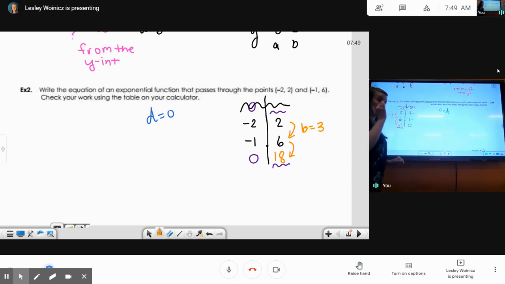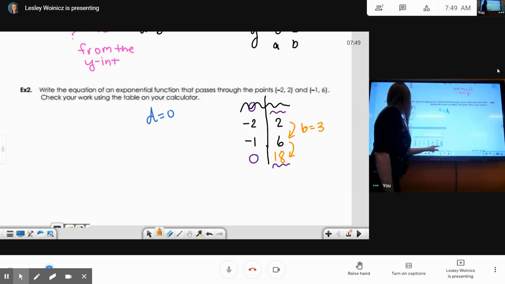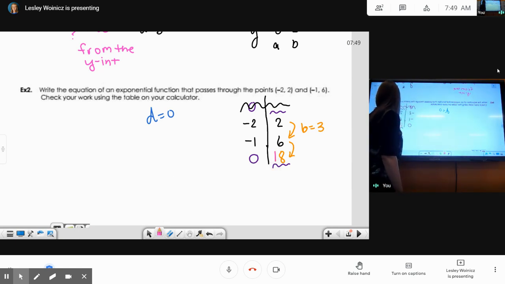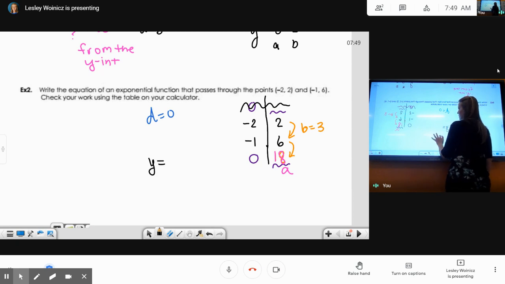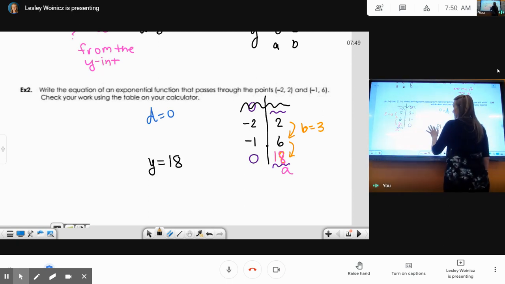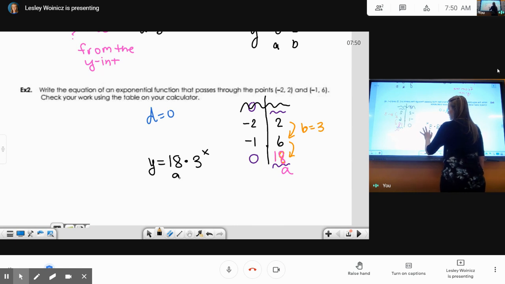So my y-intercept is 0, 18, and 18 is my a value. So my equation is going to be y equals 18 times 3 to the x. This is my a, this is my b.